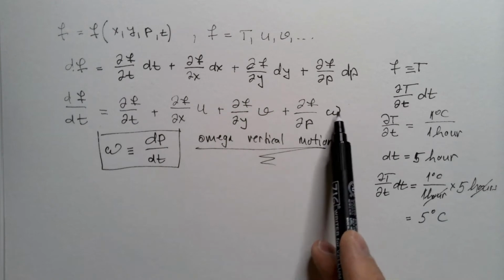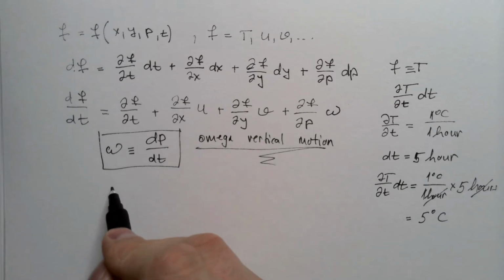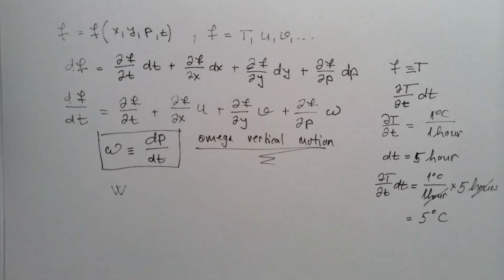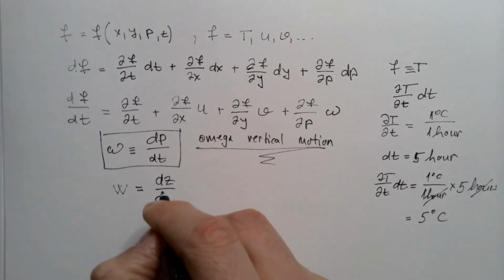We see that omega plays the same role in the pressure coordinate system that W plays in the height Cartesian coordinate system, and you will remember that W was equal dz/dt.